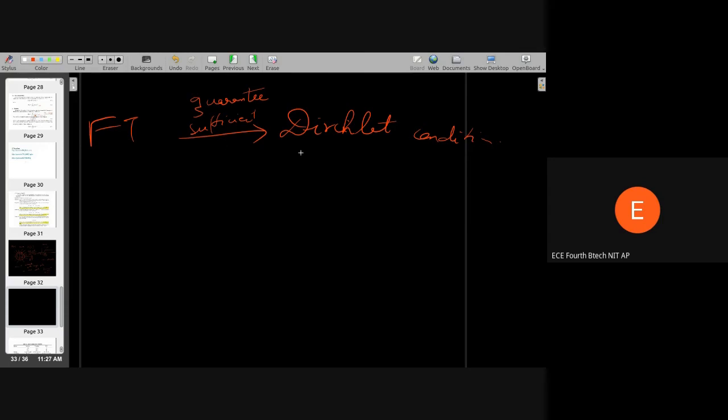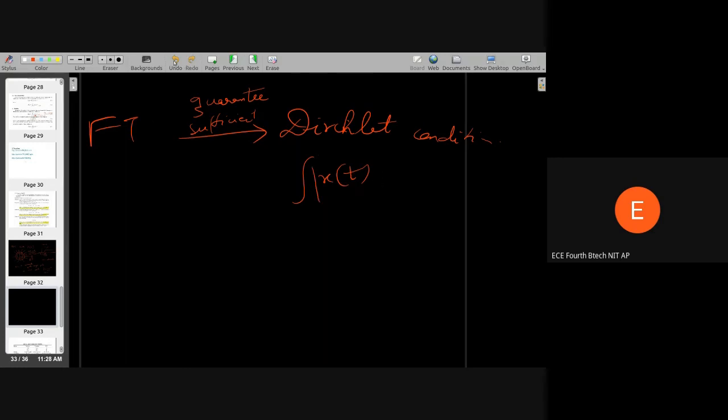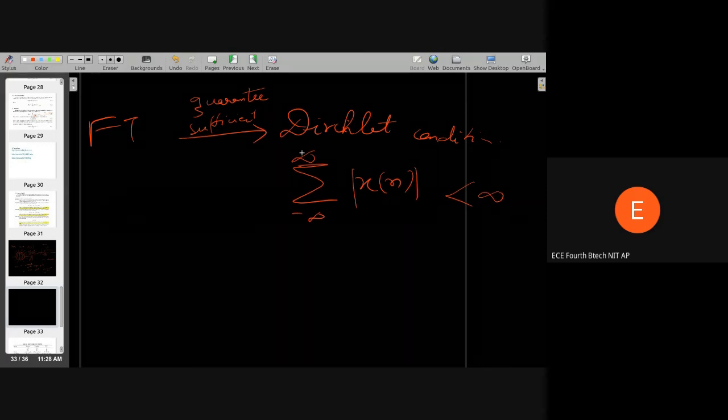One of the principal things in Dirichlet conditions, in case of continuous time, let's talk about discrete time, is that the magnitude of the samples of the entire signal, if you sum up, should have a finite value.